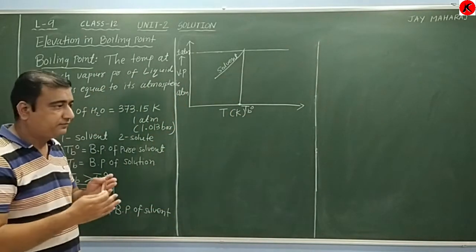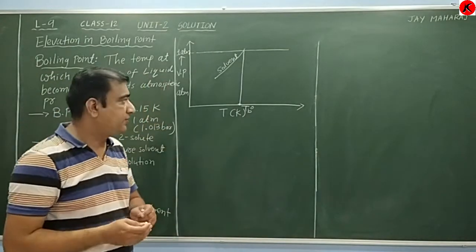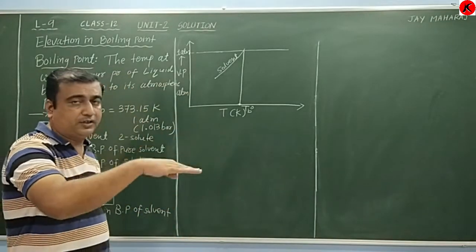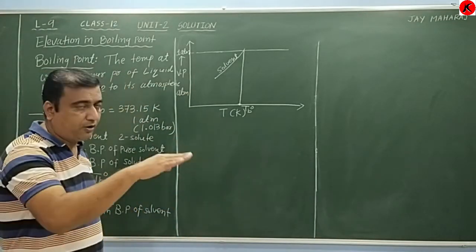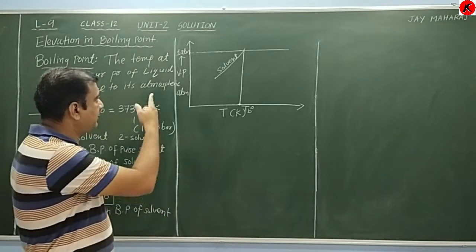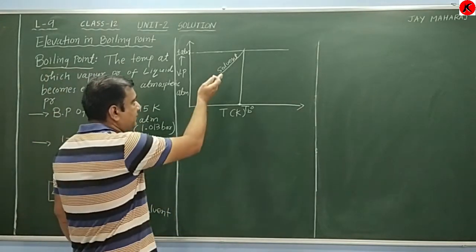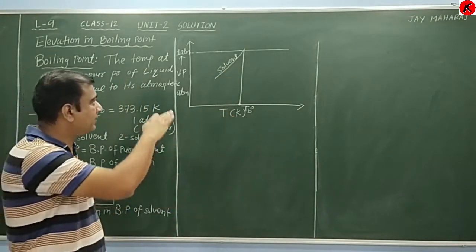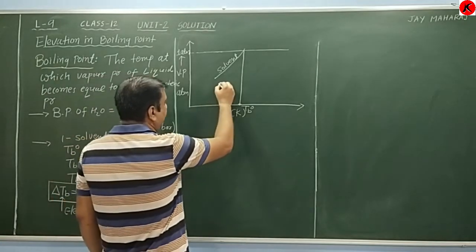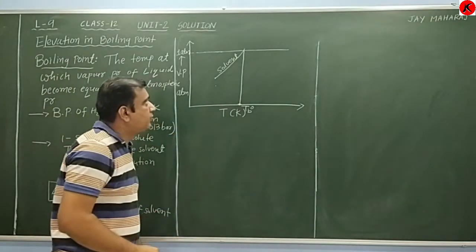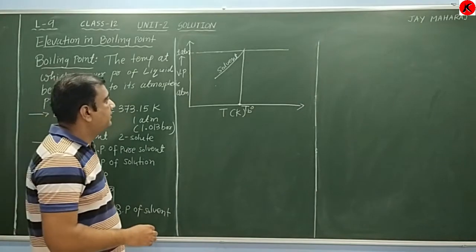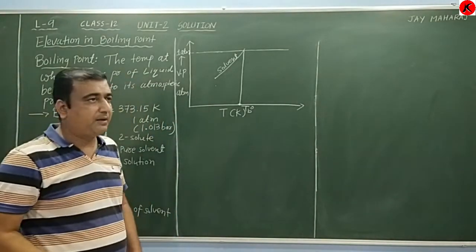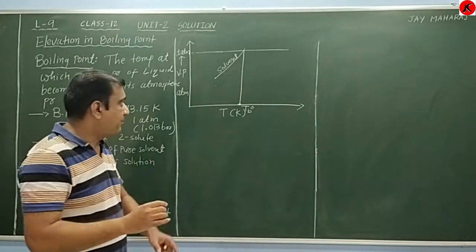Now we know very well that when a non-volatile solute is dissolved in a volatile solvent and the solution is prepared, the solution has lower vapor pressure. The solution always has lower vapor pressure compared to the pure solvent. That means the graph line of the solution will be downward compared to the solvent. Suppose the solution is here, under the same conditions, then the vapor pressure of the solution is lower. Now we increase the temperature, and the vapor pressure increases.